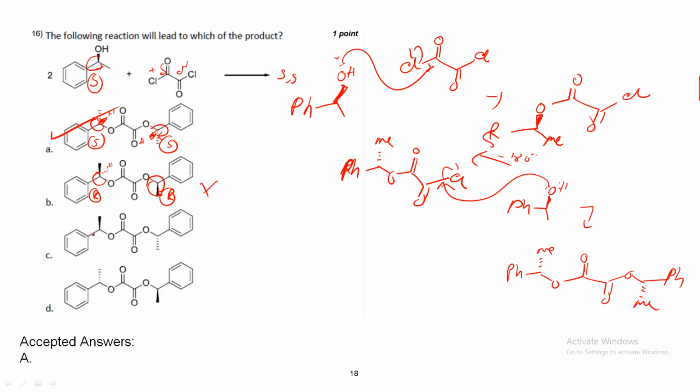So here would be again R, and it would be S. Now it would be S, it would be R. So here you can see this RS, SR, they are not matching with this particular thing, that your compound should have this S and S. So that's why this one would not be the correct product, and the right answer would be A.